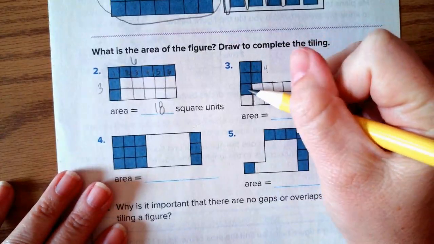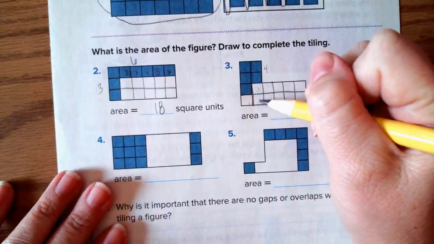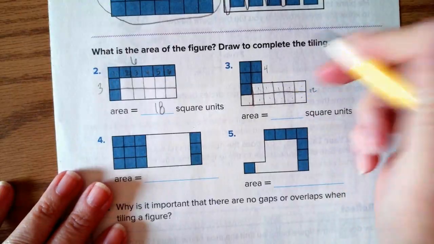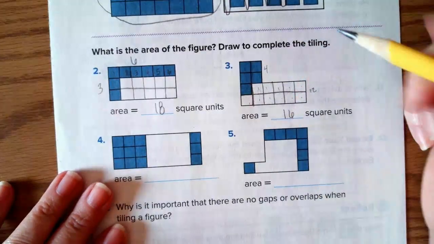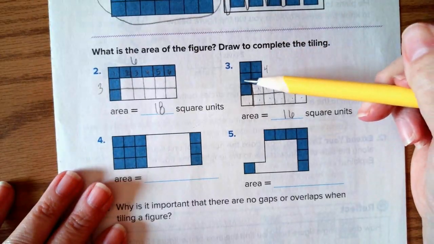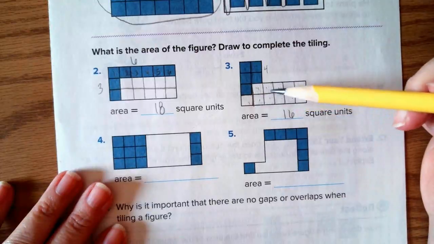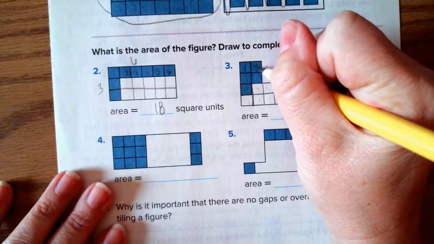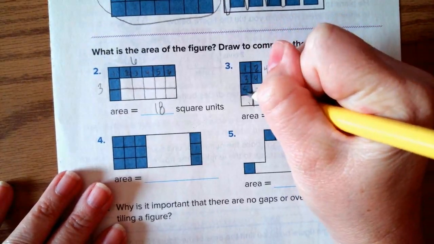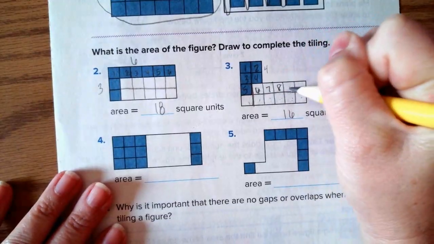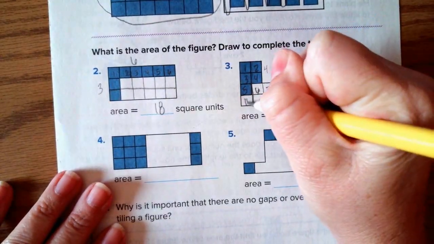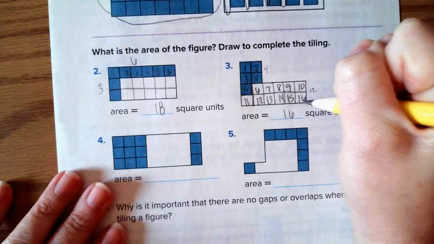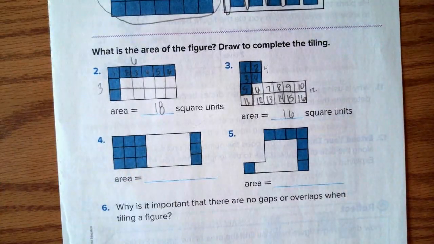I've got 4 up here in this area, and 1, 2, 3, 4, 5, 6, 7, 8, 9, 10, 11, 12. 12 in this area, so 4 and 12 is 16. Or I can count each one of them. 1, 2, 3, 4, 5, 6, 7, 8, 9, 10, 11, 12, 13, 14, 15, 16. Or I could even write the numbers in there if I want to. I can do any of those.